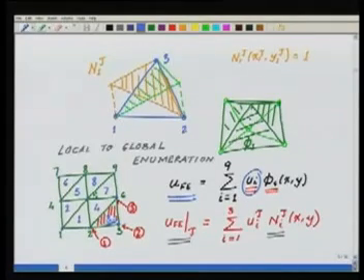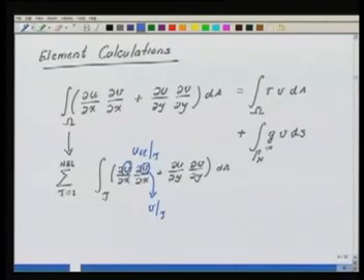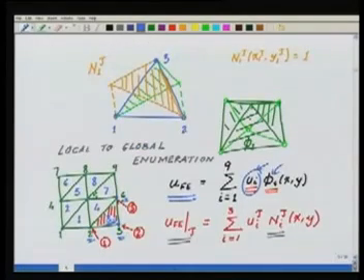Which rows? It is also going to contribute to the second row, the third row and the sixth row, because these are the only coefficients, or the basis functions, which are active in this element. So with that understanding, for the element there are only 3 active basis functions. Even the UFE of the element is in terms of these 3 coefficients.